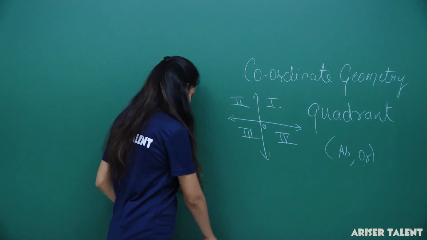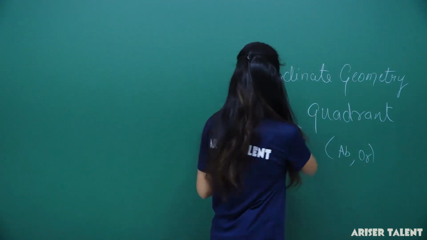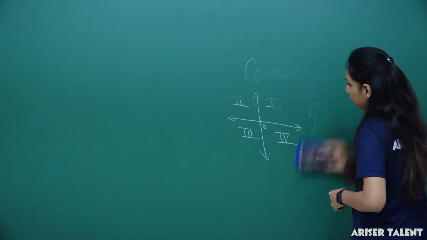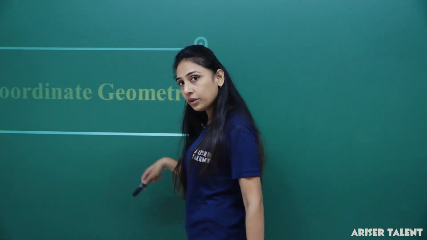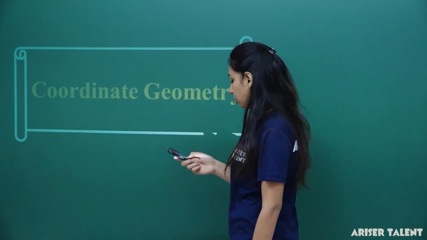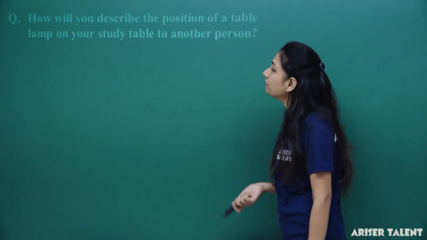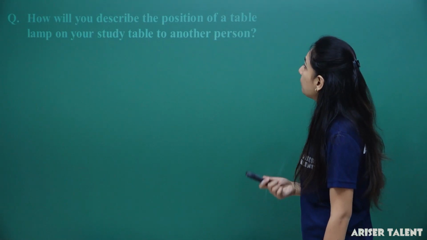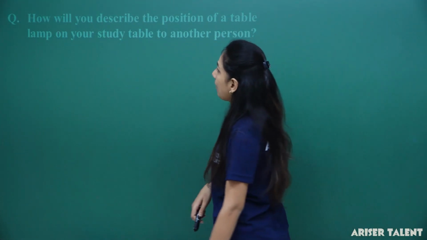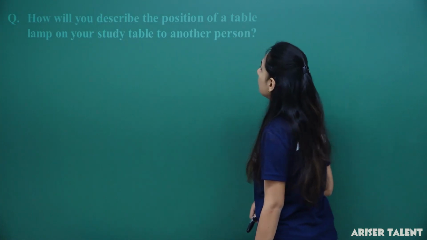Now, as I was telling you, it is time to do some good questions on that. From the very first theory we have covered, we are going to have some questions. So, how will you describe the position of a table lamp on your study table to another person?